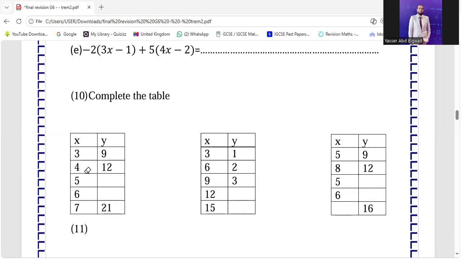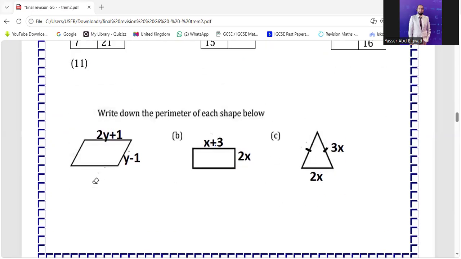Next one. Here is, write down the perimeter of each shape. How to do the perimeter? Just add all the sides. But here we have a missing side. We can write it like 2y plus 1 and add them all around the shape, because perimeter is the surrounding line. Y minus 1. Like this.